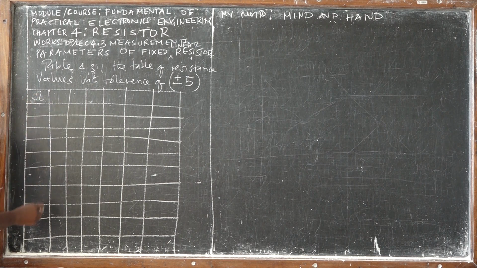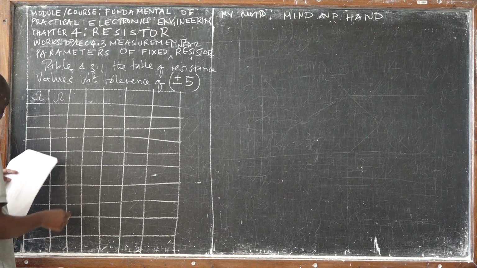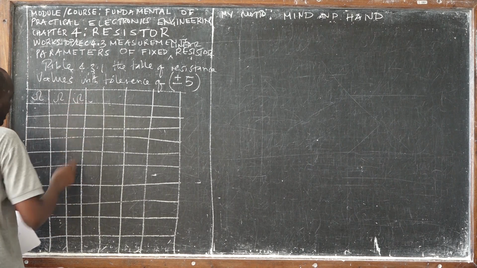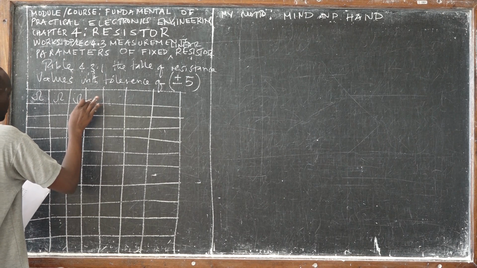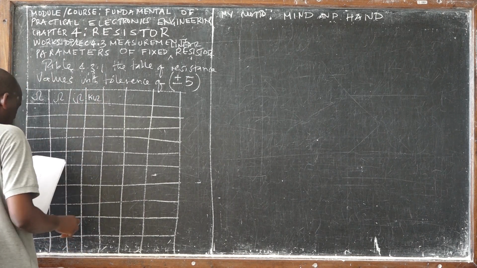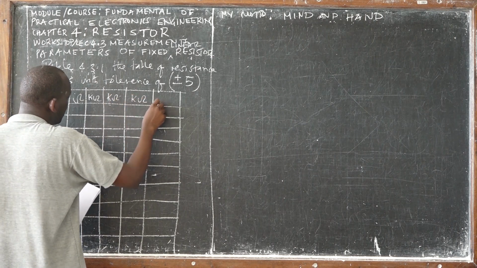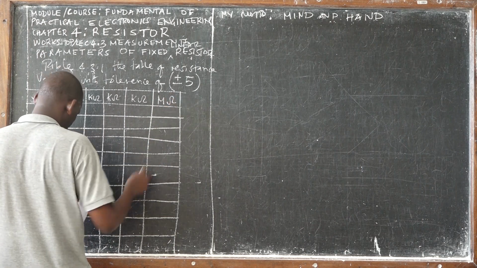Everything here is in ohm, and here everything is in ohm. Everything is in ohm. Here it is kilo ohm. Here it is kilo ohm. Here it is kilo ohm. And here it is mega ohm.